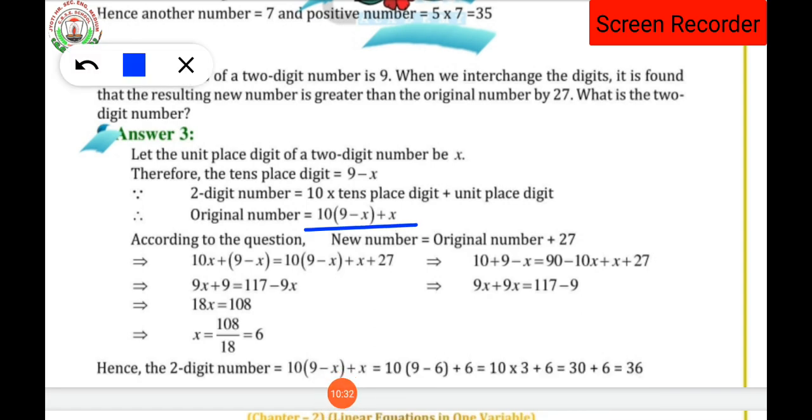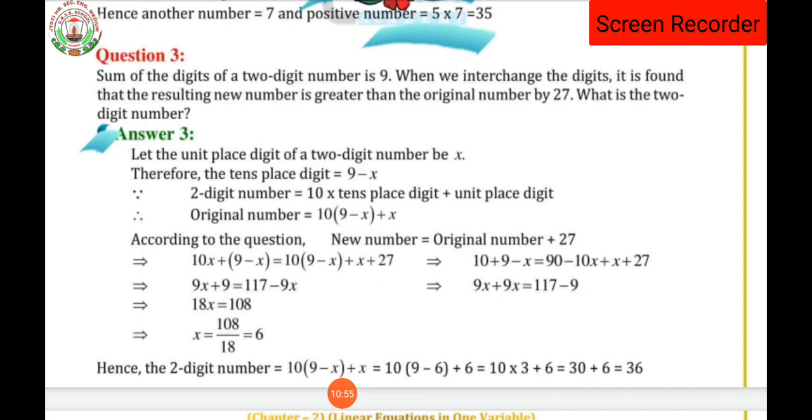वंस की प्लेस वैल्यू को टेंस में और टेंस की प्लेस वैल्यू को वंस में चेंज करने के पहले जो नंबर होगा, उसमें 27 ओरिजिनल में मतलब यहाँ पर ऐड होगा. ठीक है. देन आफ्टर चेंजिंग द प्लेस वैल्यू वी विल गेट 10x plus 9 minus x. क्लियर.